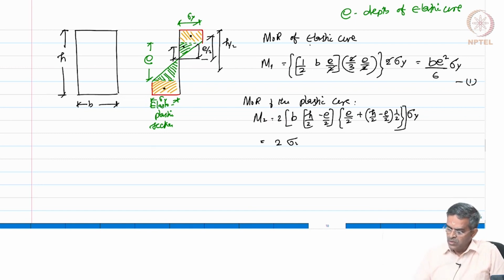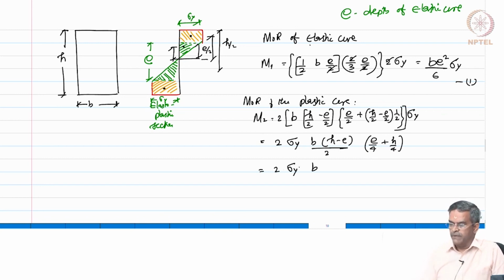So, it becomes 2 sigma y B into h minus E by 2 of E by 4 plus h by 4, which will further become twice sigma y B, h minus E by 2, h plus E by 4, am I right, which can be further 2 sigma y B, or let us remove this 2 because this goes away.